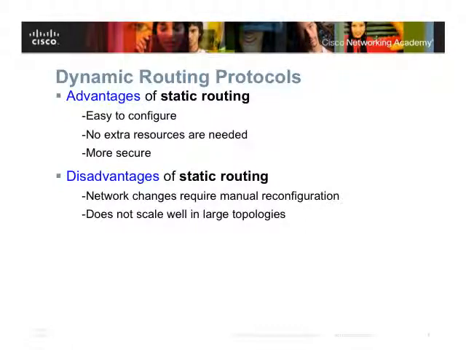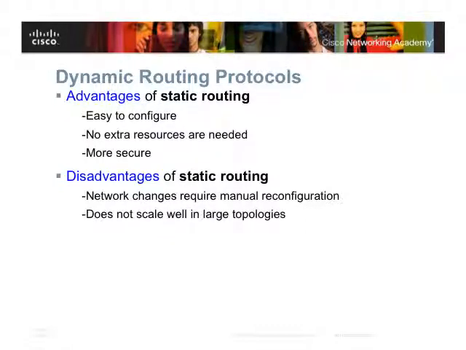When I receive a message, or when I receive a group of messages, the first thing I need to do is to read this message, process it, understand what information is contained in this message, and then update my routing table accordingly, right? In static routing protocols, I don't have to do that, because there are no messages exchanged. So it's easy to configure, and it doesn't need any extra resources, and it's more secure.